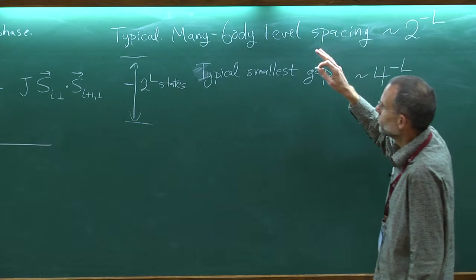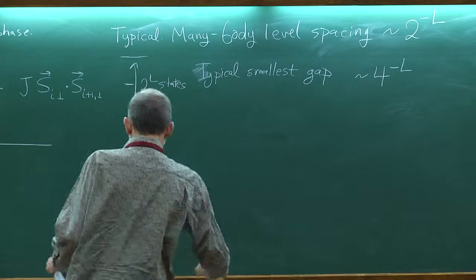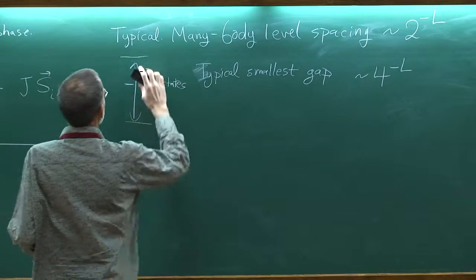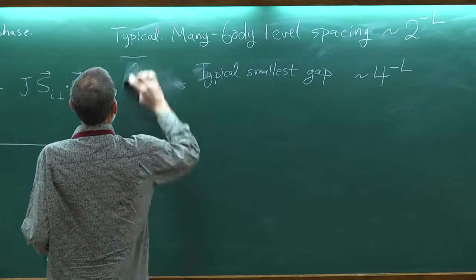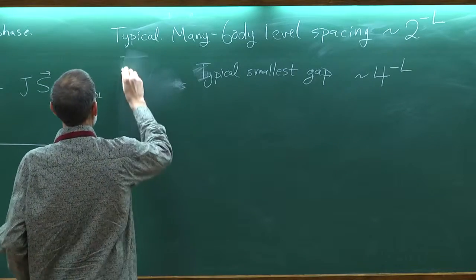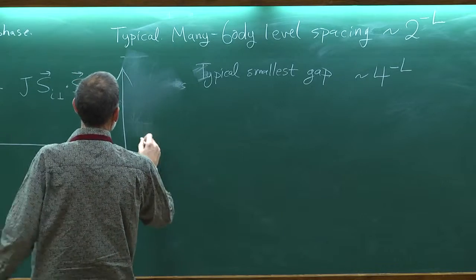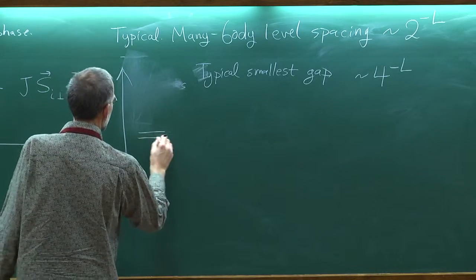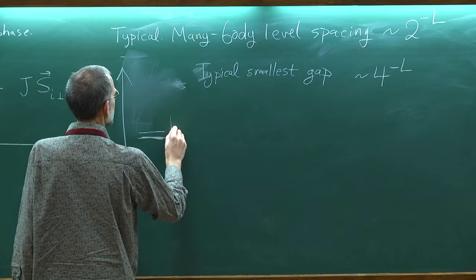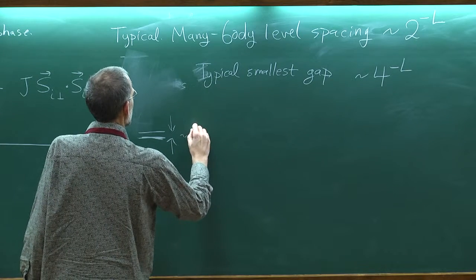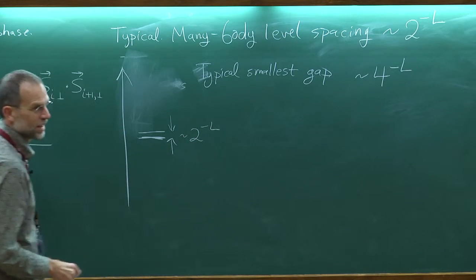So if I worry about one of these resonances, here's energy, and here's one level, and here's another level that's nearby. These differ by typically of order 2 to the minus L in energy.